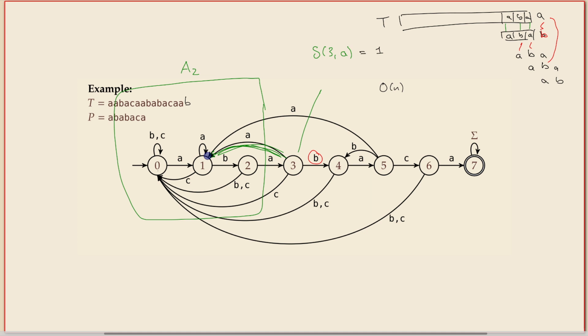But how can the algorithm find this out using this green automaton without all this case by case thinking through? Well, it can do it by pretending we're reading the text one more time.